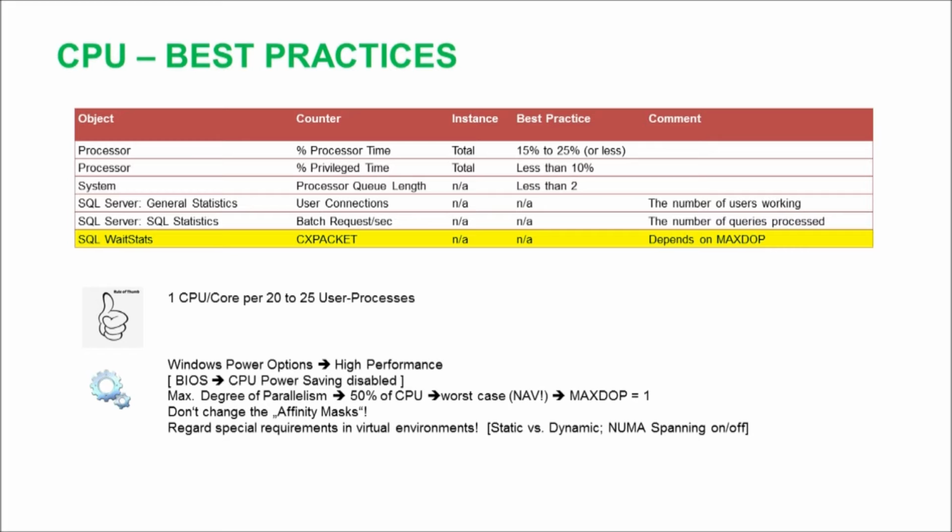Yeah, these are the counters that are in the Windows Perfmon, and here you see the best practice values, what you want to see. And here's all kinds of rule of thumbs about sizing. Yeah, 1 CPU per 20-25 users, and so on. Again, I don't have the time to repeat these details, but I left it on the slides, so if you like, you can follow up on this.